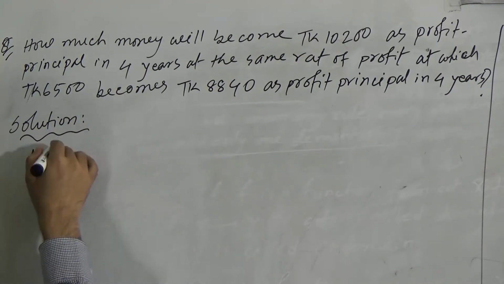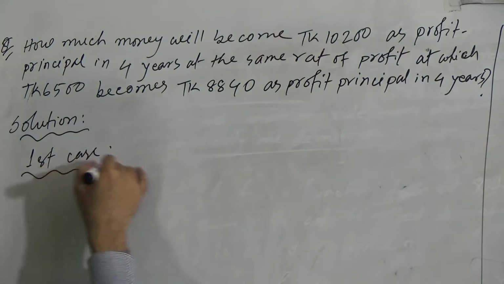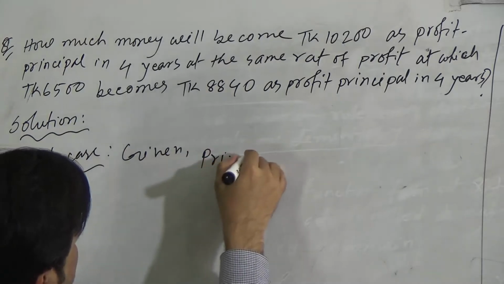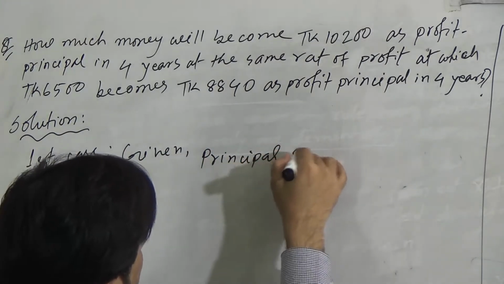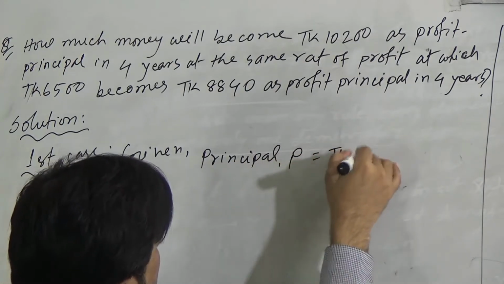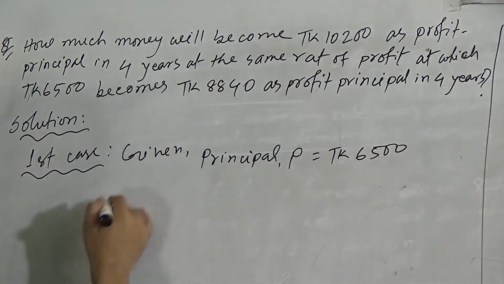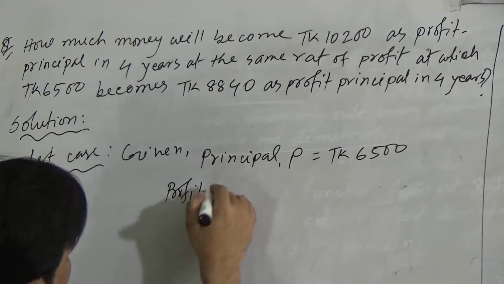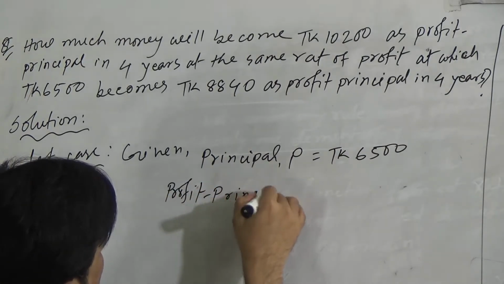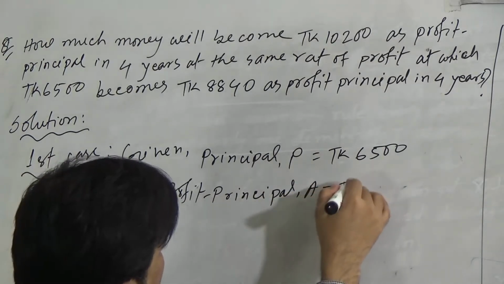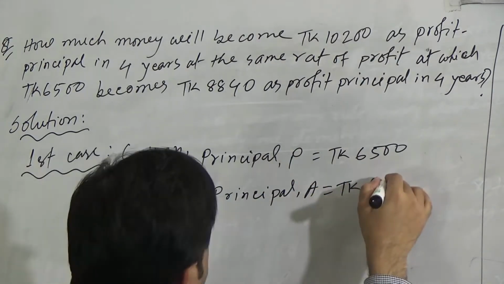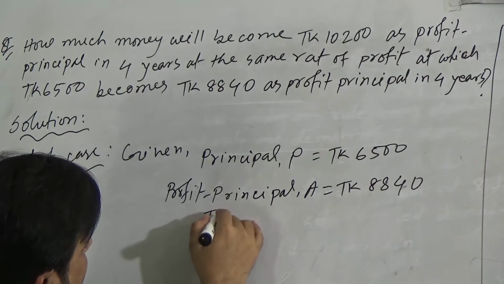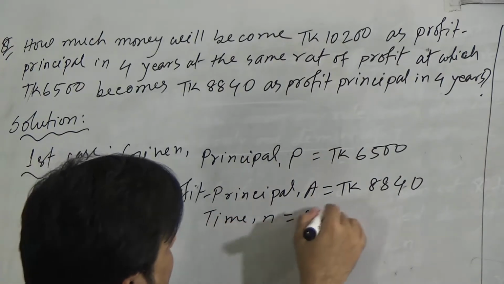In the first case, given principal P equal to taka 6,500, profit principal A equal to taka 8,840, time n equal to 4 years.